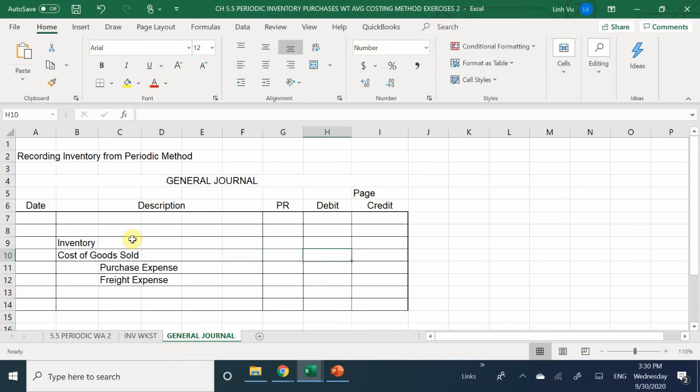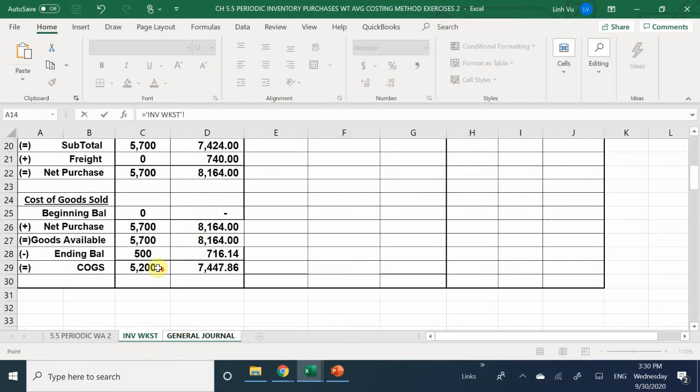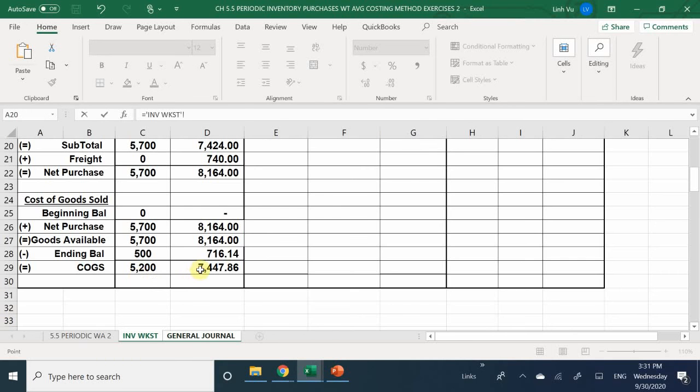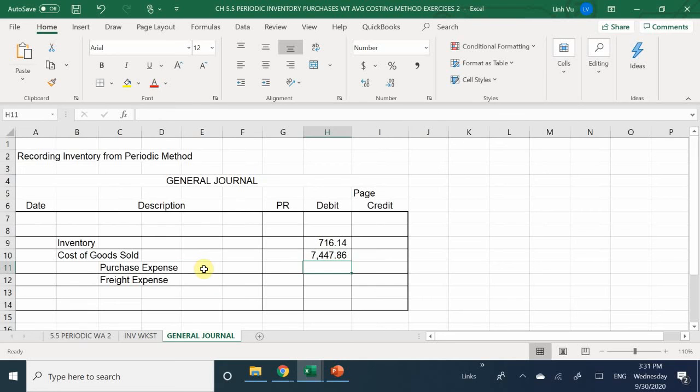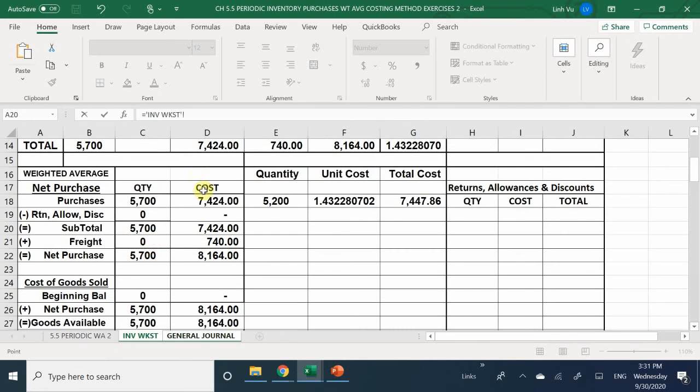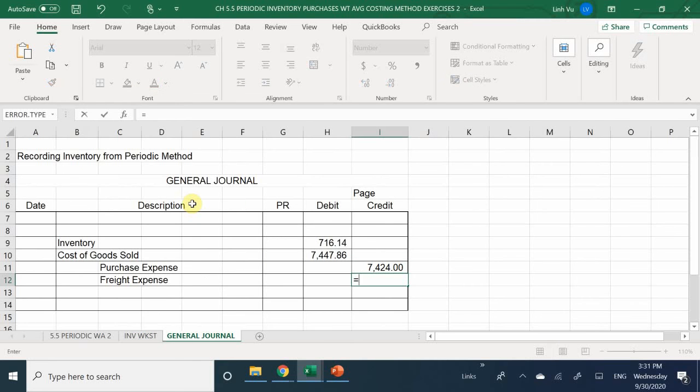placing in here? That is the ending balance of $716.14. Good. All right. What is my cost of goods sold? This is 7,447 and my total purchases, this is 7,424. Good.